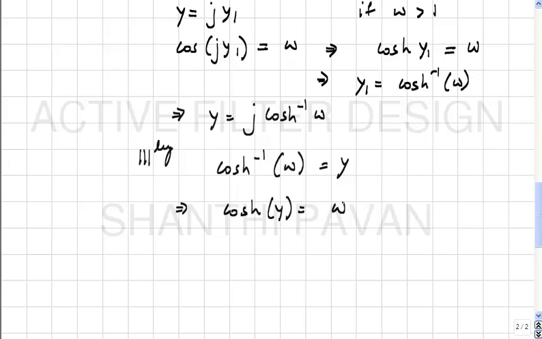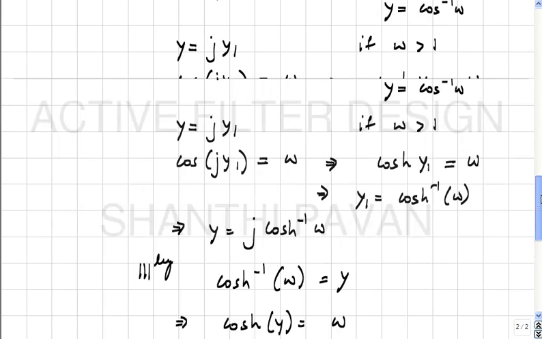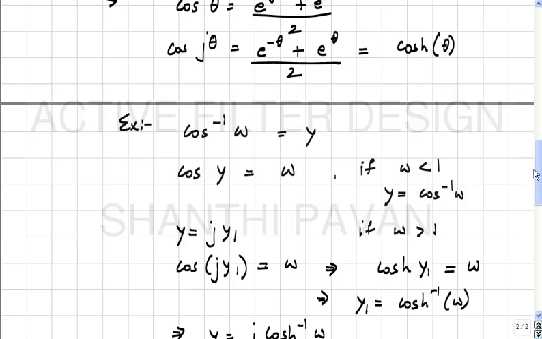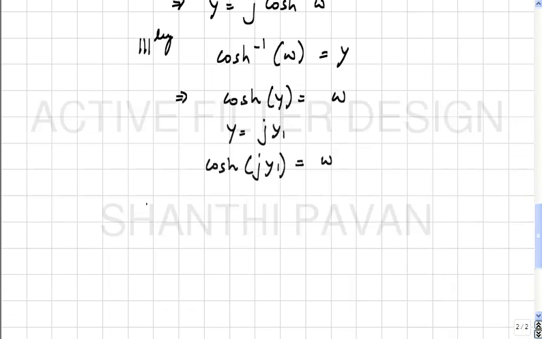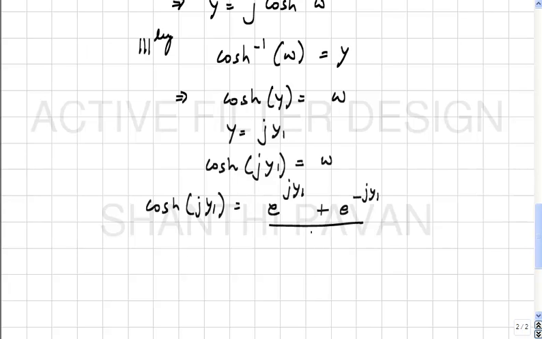So that basically means cos hyperbolic of y must be equal to omega. If omega is smaller than 1, then we assume y is jy1, and cos hyperbolic of jy1 is nothing but omega. What is cos hyperbolic of jy1? I haven't discussed that, but yes. Cos hyperbolic of jy1 is nothing but e to the jy1 plus e to the minus jy1 by 2, which is nothing but cos y1.